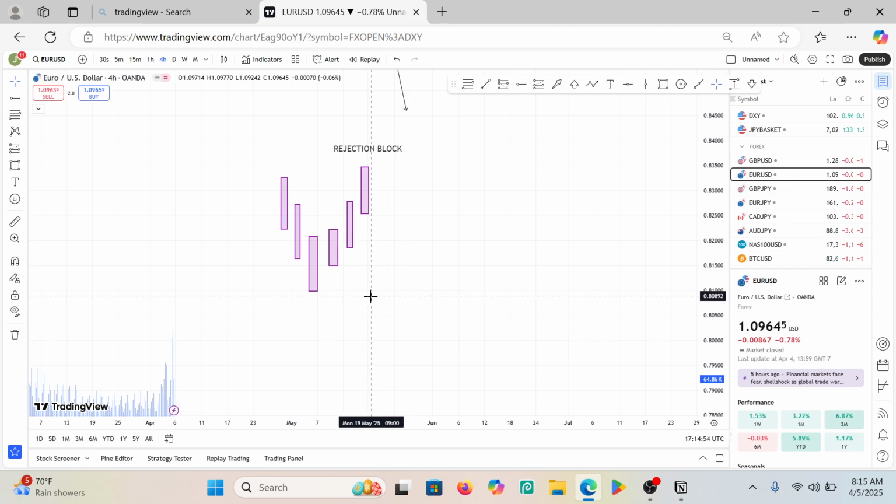A rejection block is the last sell candle on a downtrend before a reversal or after the reversal.